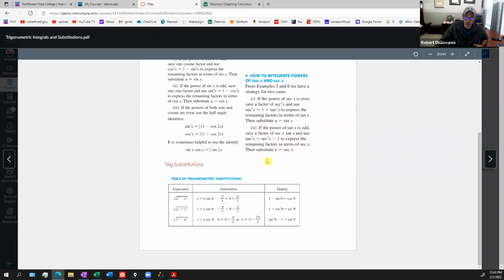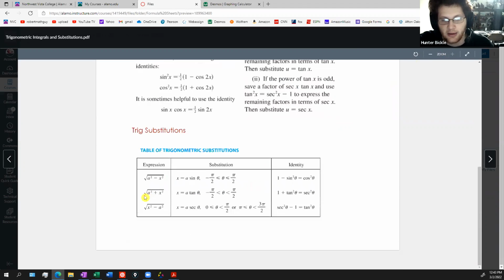It tells you what trig sub to use. That's that little box at the bottom, that's in the book, and that's what I've been using for my homework. But you can't take the book. So I've been having to manually work out what these are, because you said that wasn't going to be something we could have on the test. So I've been trying to do it manually and associate them together.